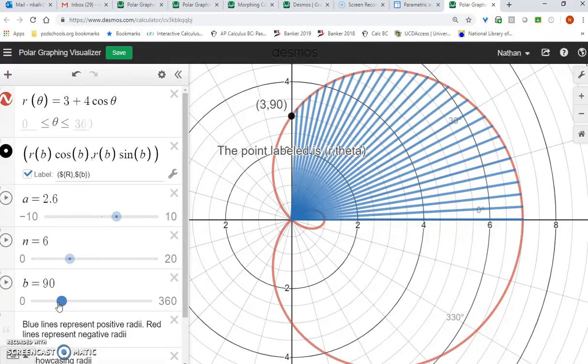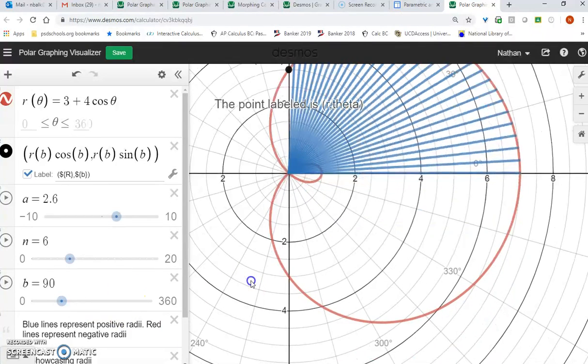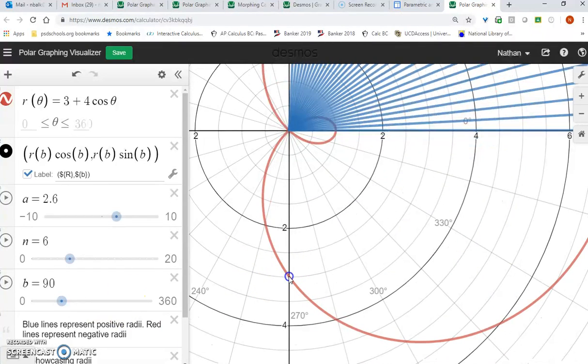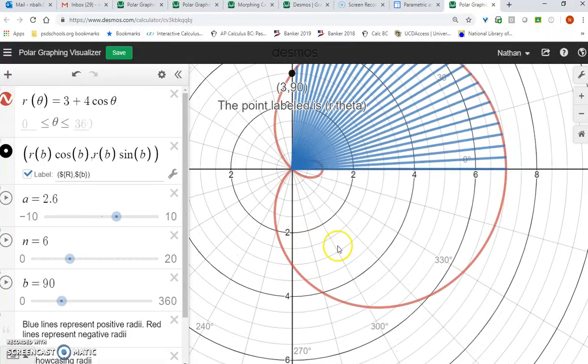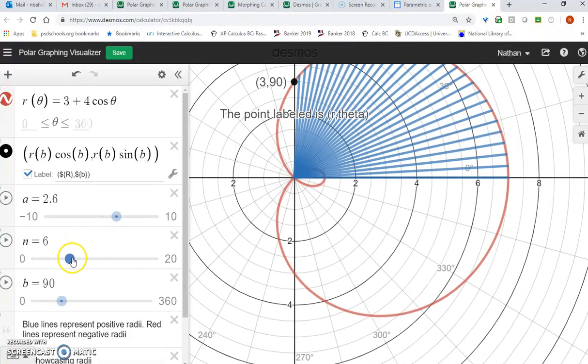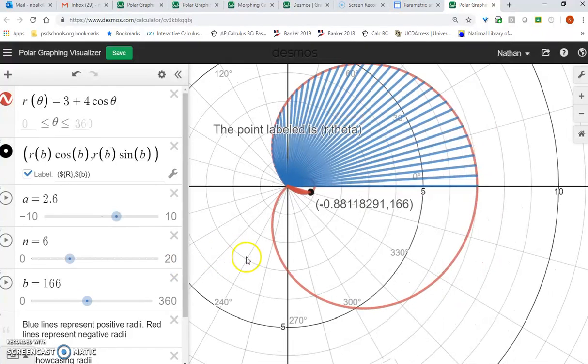This one should make sense. What happens at 90 with cosine? Cosine of 90 is 0, so you're good that it's really just 3. And can you see that down at 270, it's also just going to be looking down south at 3. But here I go, swooping, swooping, swooping. Right here, I go negative. And now do you see my point?